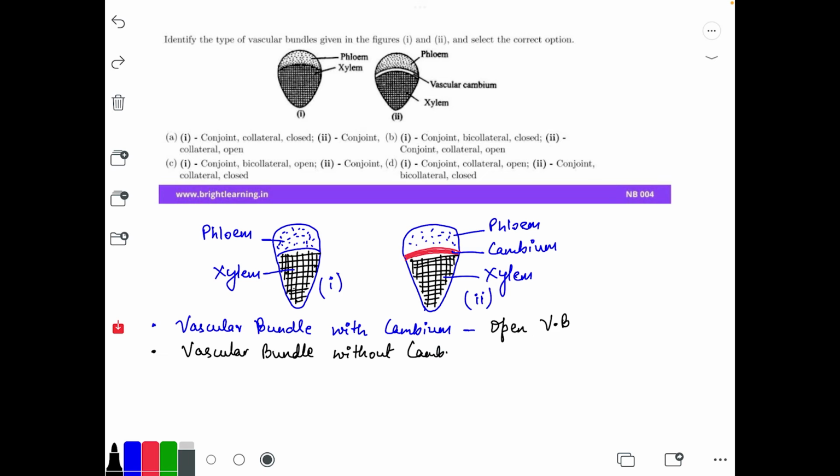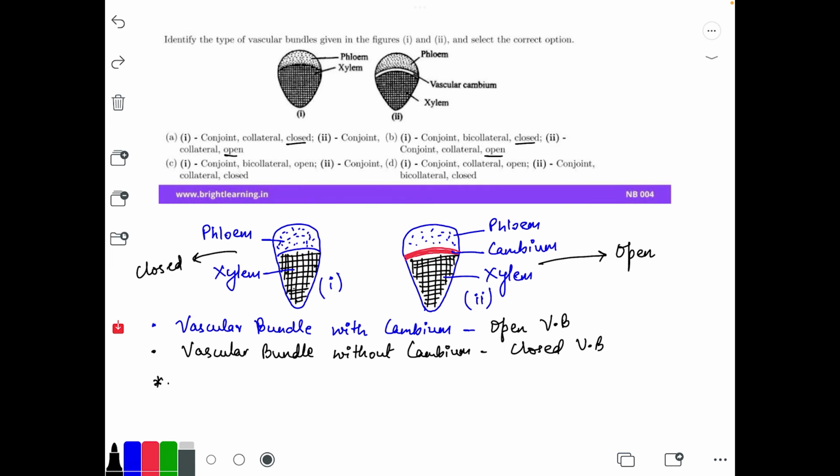Now there are two other terms, conjoint and collateral. A conjoint vascular bundle means a vascular bundle in which the xylem and phloem are arranged on the same radius. They are arranged on the same radii, meaning there is a single unit of vascular bundle, with the phloem on the upper side and the xylem on the lower side.